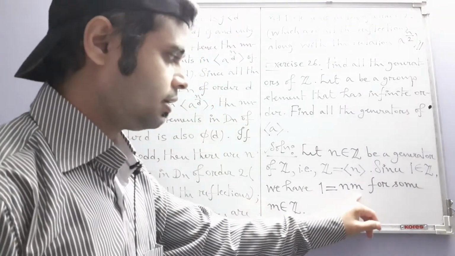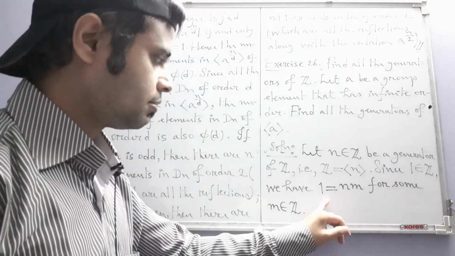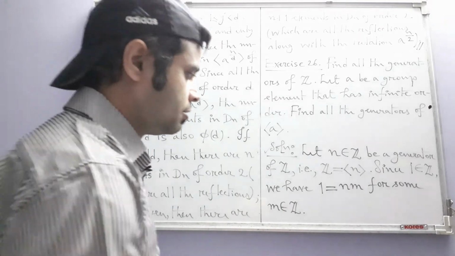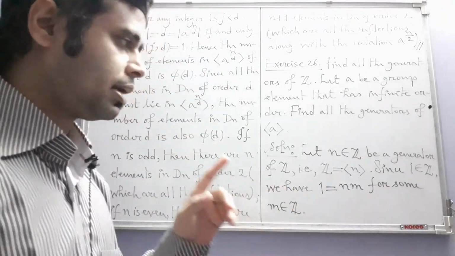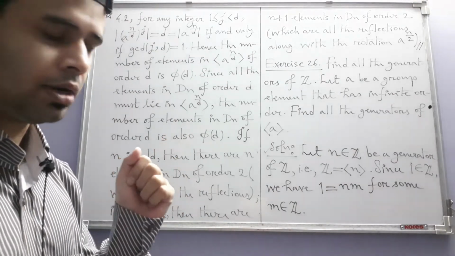But now n and m are integers and 1 of course is an integer. So there are only two possibilities, either both n and m are equal to 1 or both of them are -1.